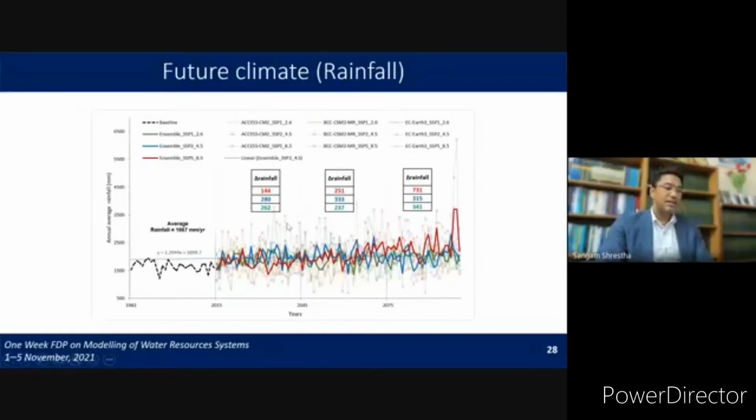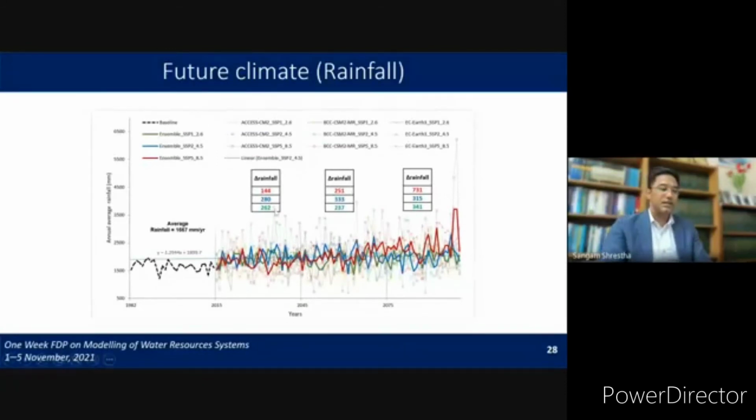If you look at this table I have prepared here, in all the future scenarios, in all the GCMs, they are projecting that the rainfall is increasing in the future, or the Marshandi River Basin is getting wetter in the future.